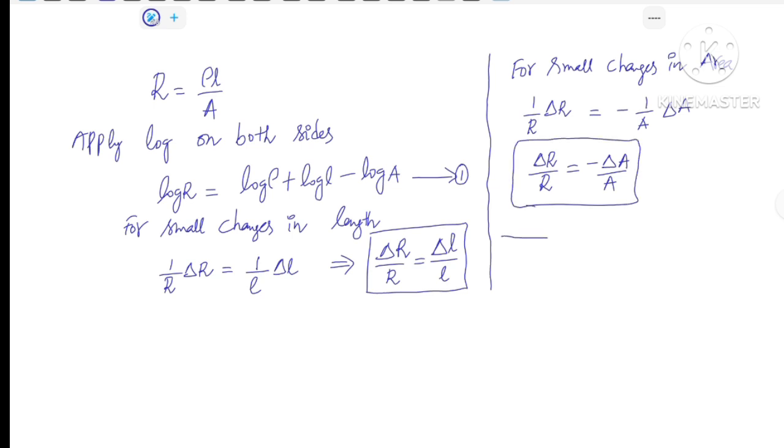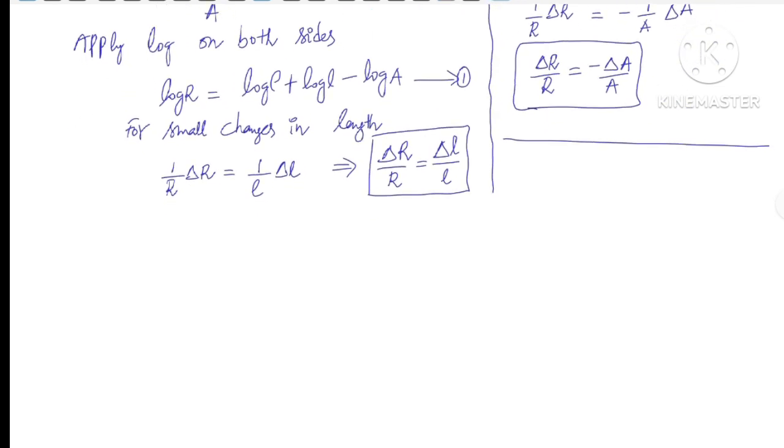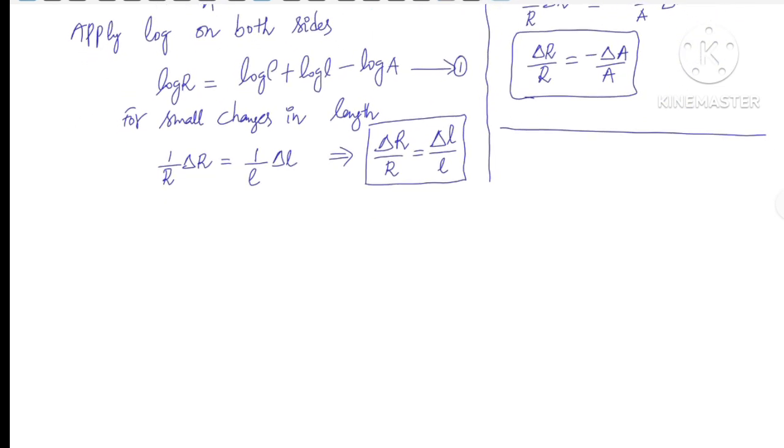Now we will see the third situation. The third situation is if the radius of the conductor changes, for a small change in the radius of the conductor, how the resistance will change. In order to find that, first we need to convert the first equation in terms of radius.